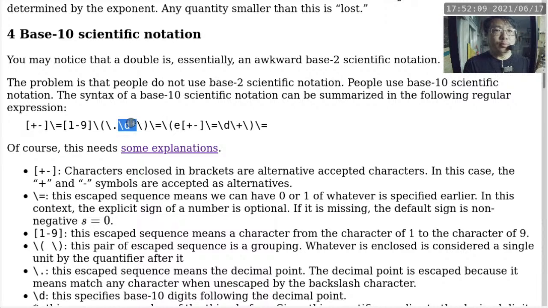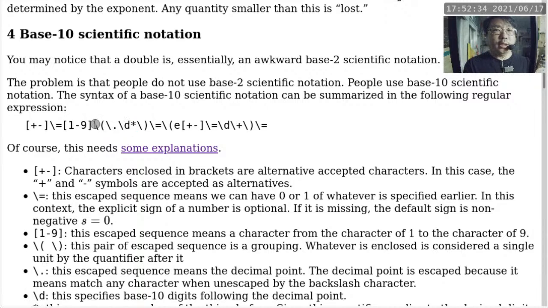So when you look at this particular portion, all it says is you can have an optional decimal point followed by any number of base 10 digits.